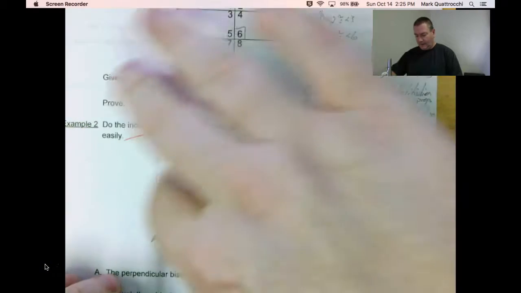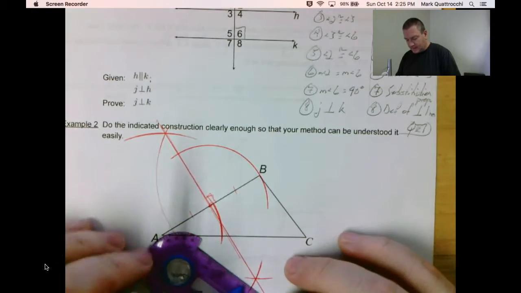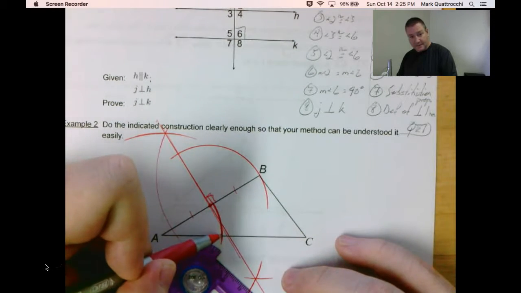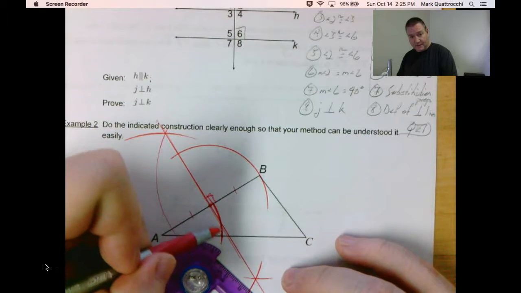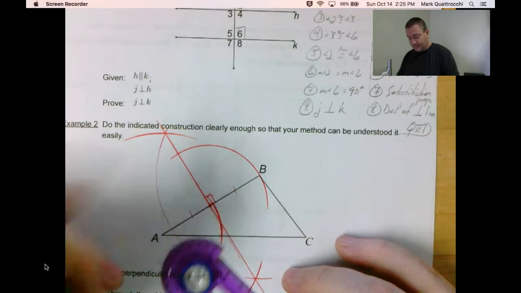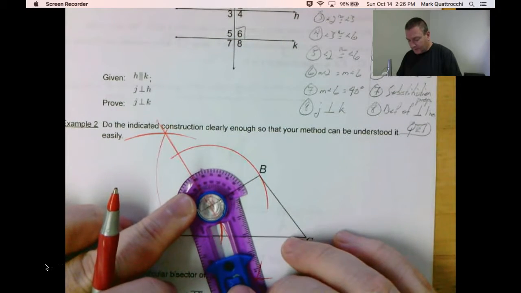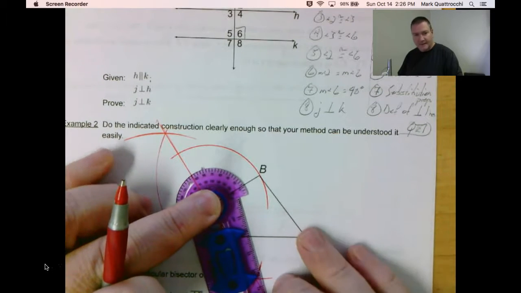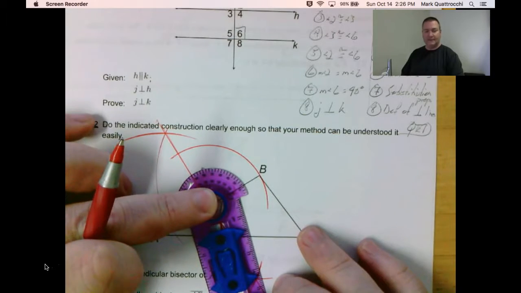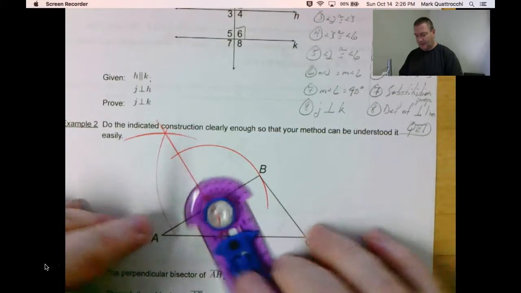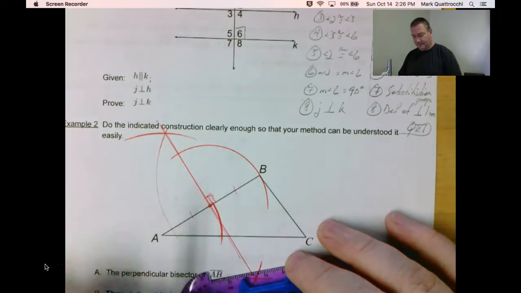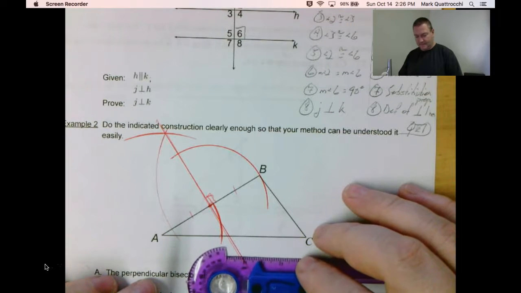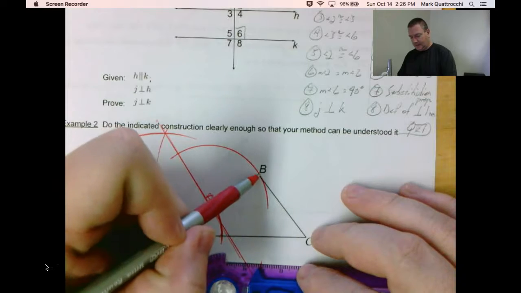I need to set my radius, the distance from this arc intersection to this intersection. Hopefully I made it far enough out. So my radius now is set to the length of this arc. Okay. So now I can come up here.